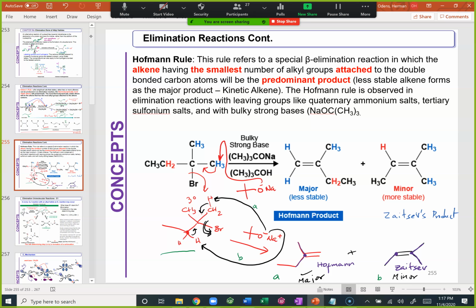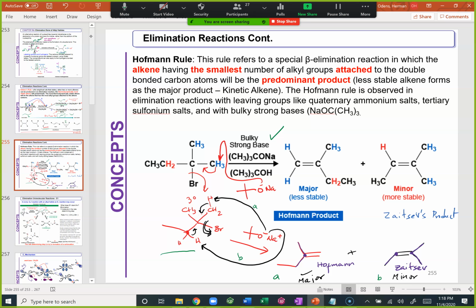Notice that Hofmann now is the predominant because of the conditions. Here are the conditions for Hofmann. You want a strong, bulky base, something like sodium t-butoxide.